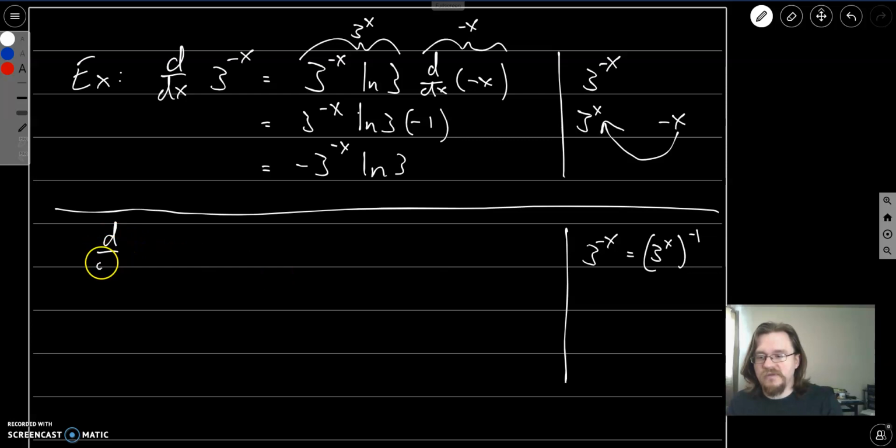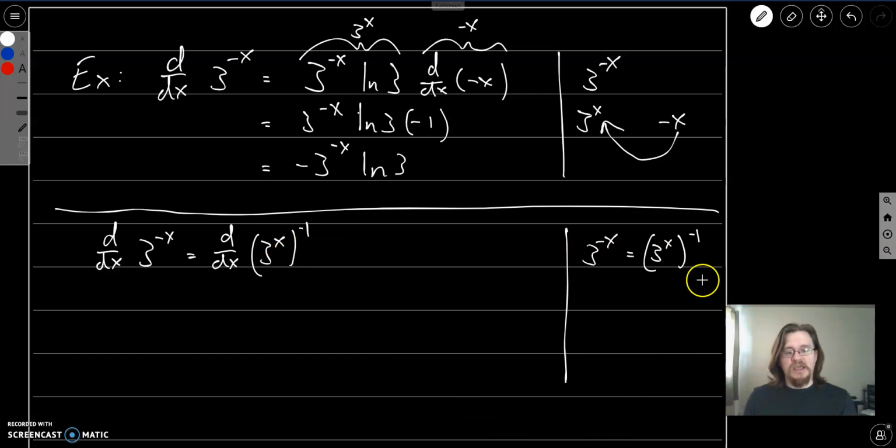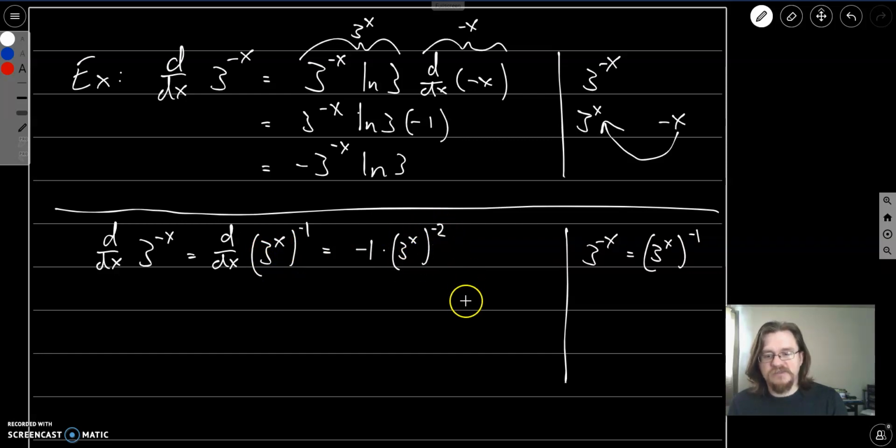The derivative of 3 to the negative x is the same thing as the derivative of 3 to the x to the negative 1. If I raise anything to the negative 1 power, the derivative of that is, I bring down the negative sign, so negative 1 times what's inside to the negative 2nd power.